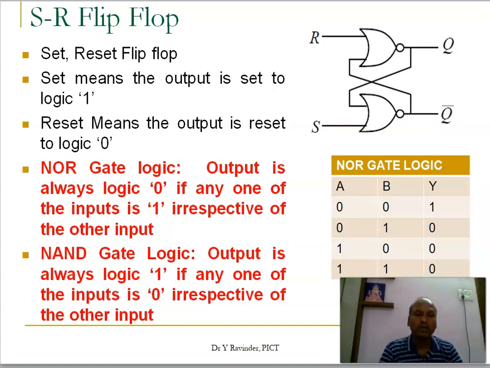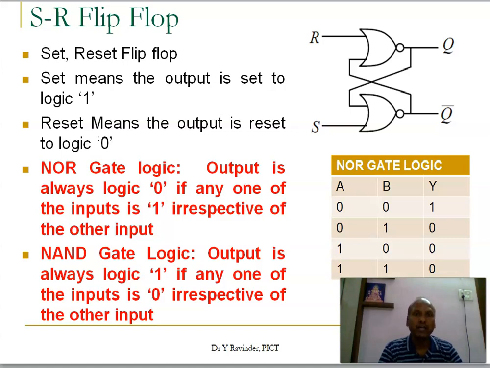Whereas in the flip-flop, the output changes only when the clock transits from 0 to 1 or 1 to 0, even though the input changes multiple times. So the output does not change multiple times during the clock period. It changes only when the transition takes place. Whereas in the latch, the output can change multiple times. So that is the difference between a latch and a flip-flop.